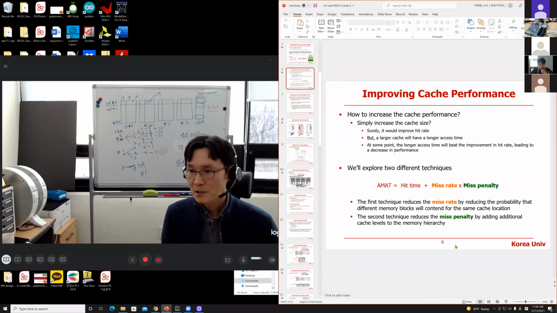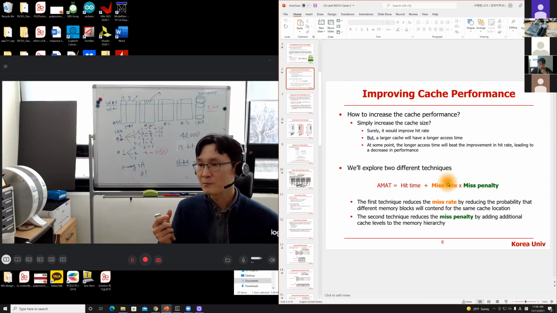So we just talked about miss rate. How to reduce miss rate? You can reduce miss rate by employing different cache configurations. And there are pros and cons. There are some good things and also bad things, right?